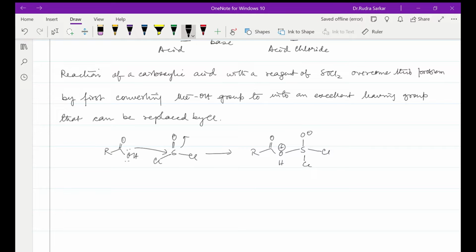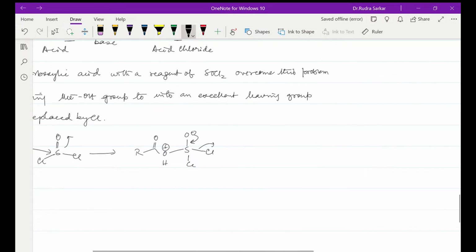Now what happens in the next step is this comes back and that goes away. Also at the same time, one can think of the proton being cleaved off the molecule. So this is what has been formed over here.